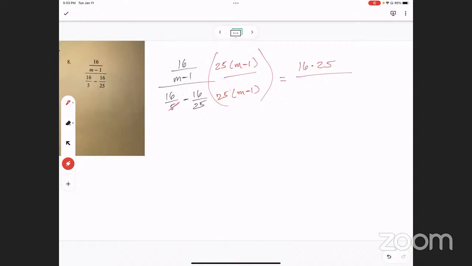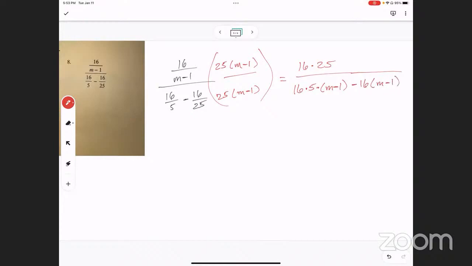So you're left with 5 times (m - 1) times 16, so this is just 16 times 5 times (m - 1). And when I multiply the second term, the 25s cancel out, and you're left with -16 times (m - 1).